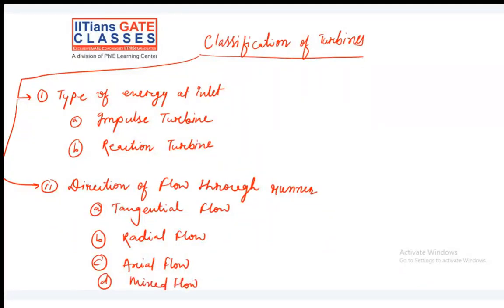Mixed flow means water comes in one direction and goes out in another direction. Radial flow, what do I mean? Let us say the turbine is like this. Water will come at this point, and from this point to this point it will turn out, and get out. This means water is flowing radially, right?